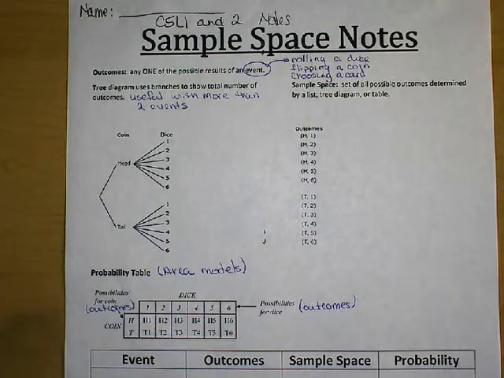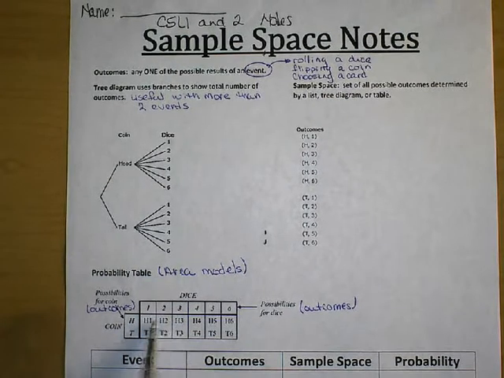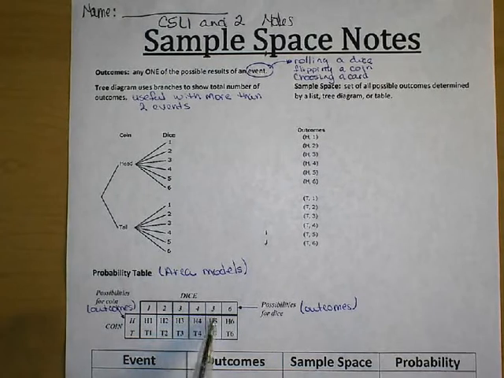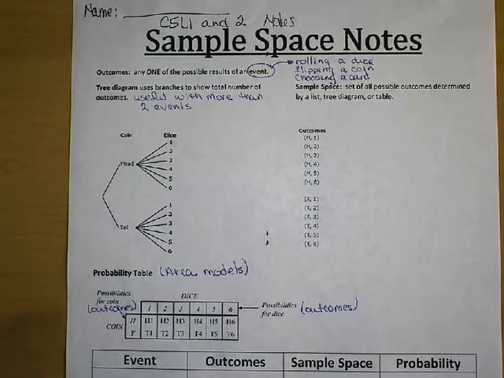And remember, the outcomes are all the possibilities of that event. You can set it up very much like a multiplication table and find your combinations just as you would using a multiplication table. It is also very much similar to Punnett squares if you've already learned that in your science class.